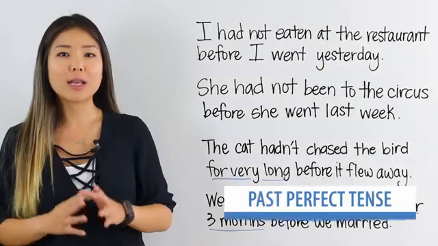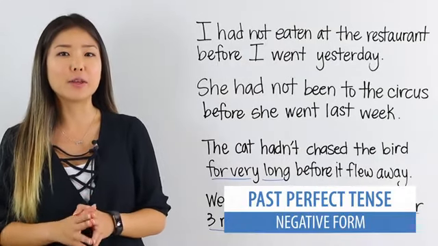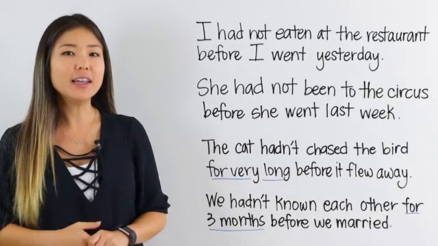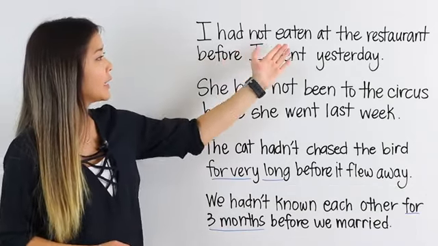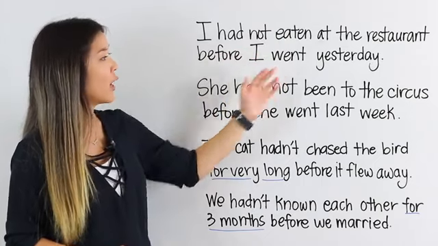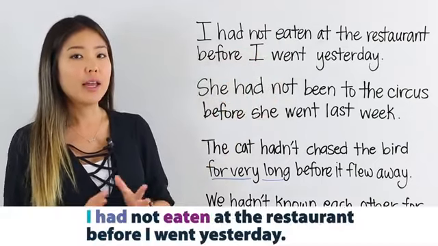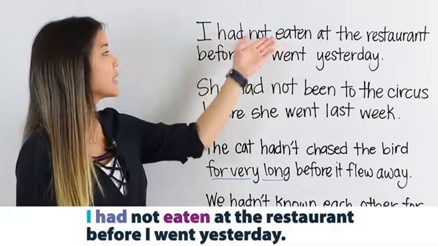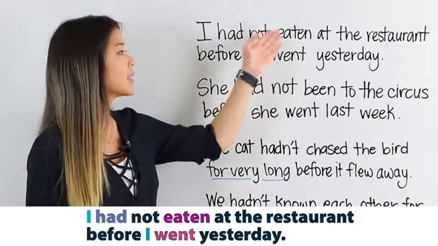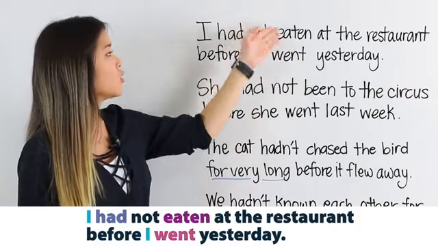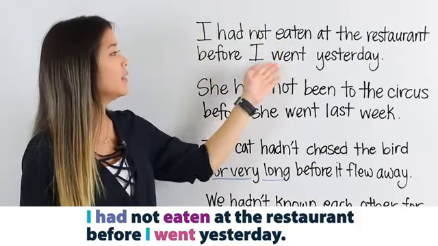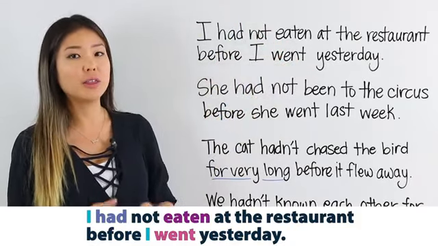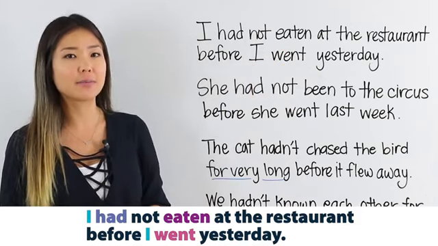Now, I'll introduce how to form the negative in the past perfect tense. Take a look at the board. The first sentence says, I had not eaten at the restaurant before I went yesterday. Again, we have the past perfect tense here and the past simple tense here. This one is the action that happened earlier in the past, and this one over here is the action that happened later in the past.